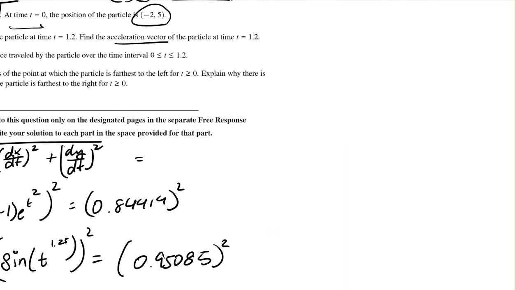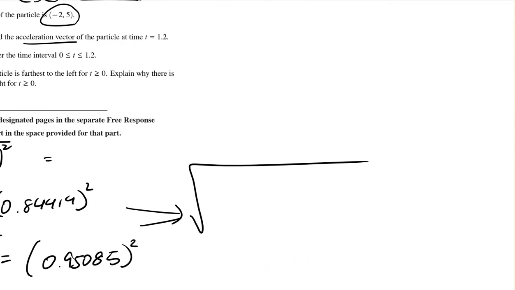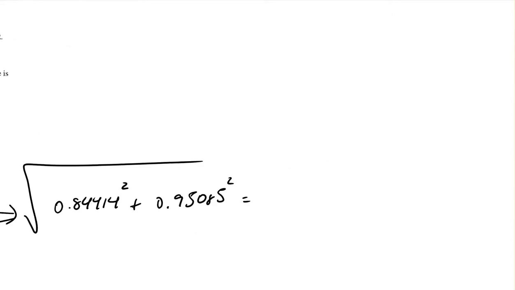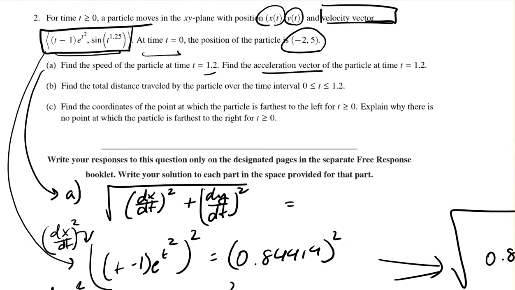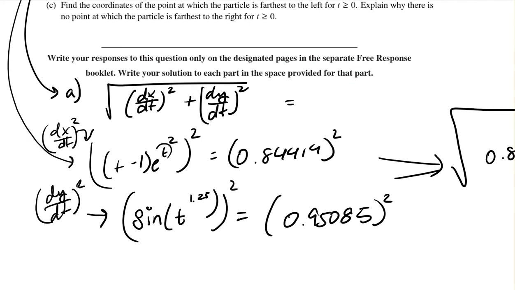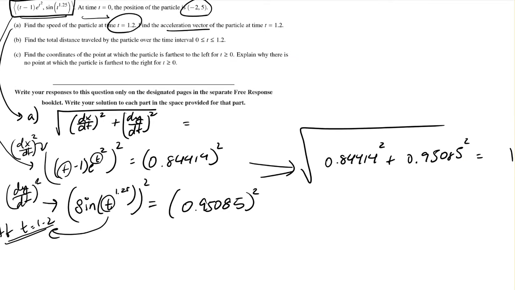Then you take the overall square root of 0.84414 squared plus 0.95085 squared, and you get 1.271. And this was all at time t equals 1.2. So in the calculator, make sure you get the value at t equals 1.2. So that was the first part.